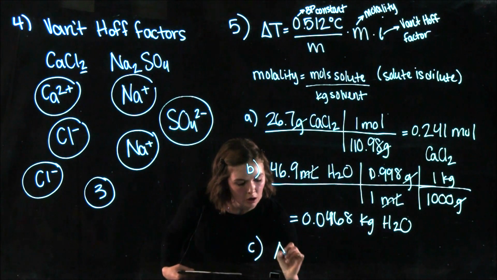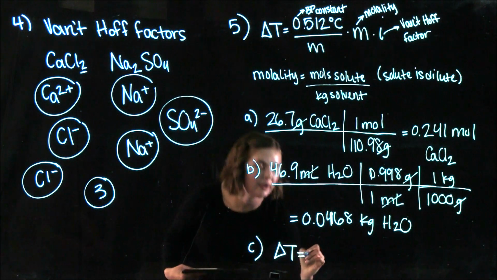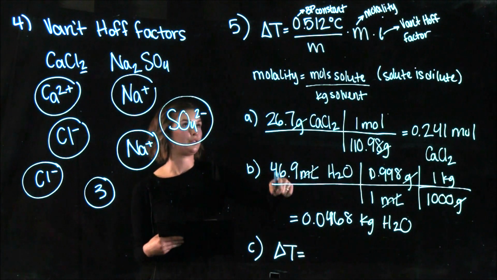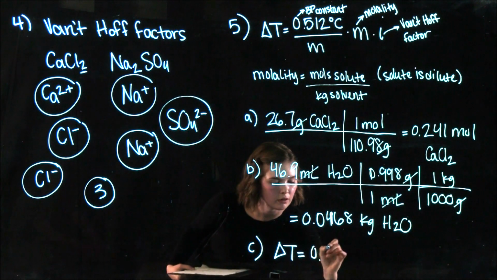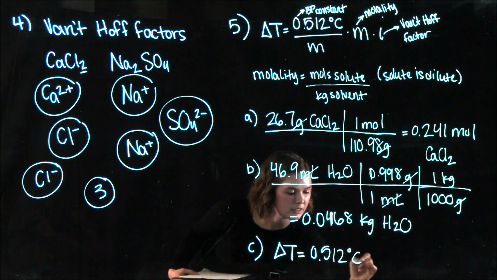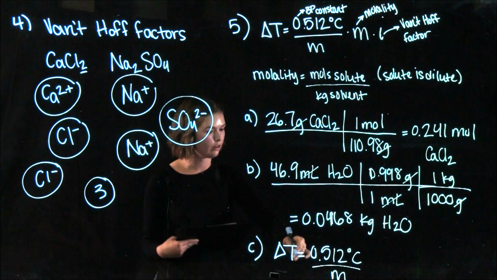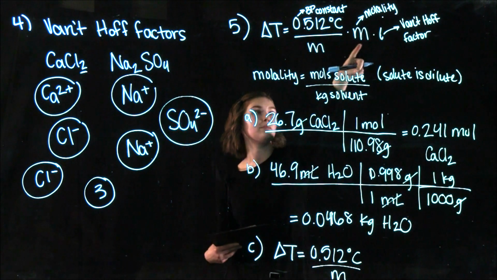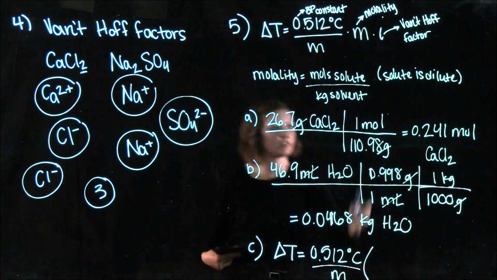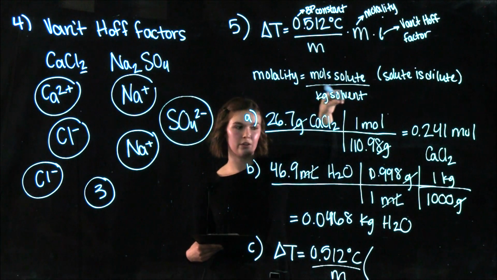So our theoretical boiling point elevation for our salt solution is 0.512 degrees C per m, and remember this is a constant, so you're just given it, and then it's going to be times the molality, which we found is moles of solute per kilogram of solvent.